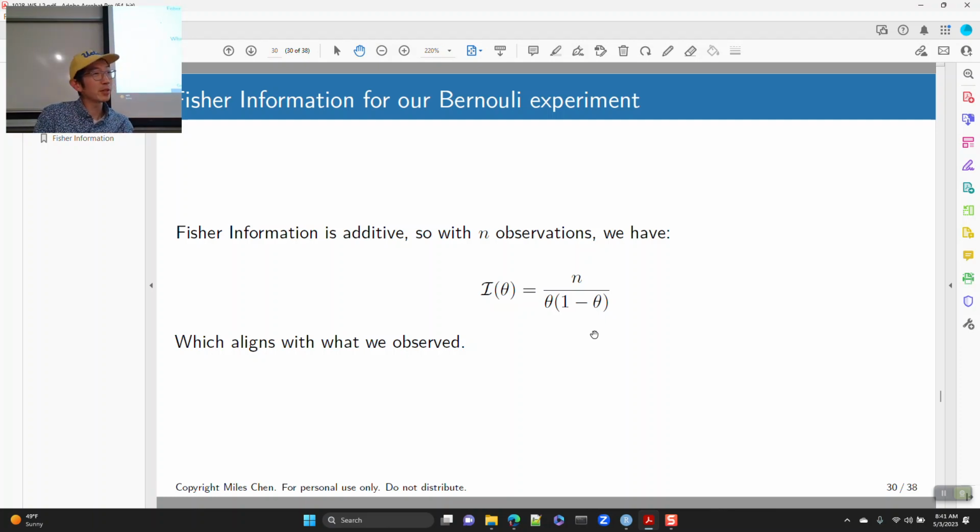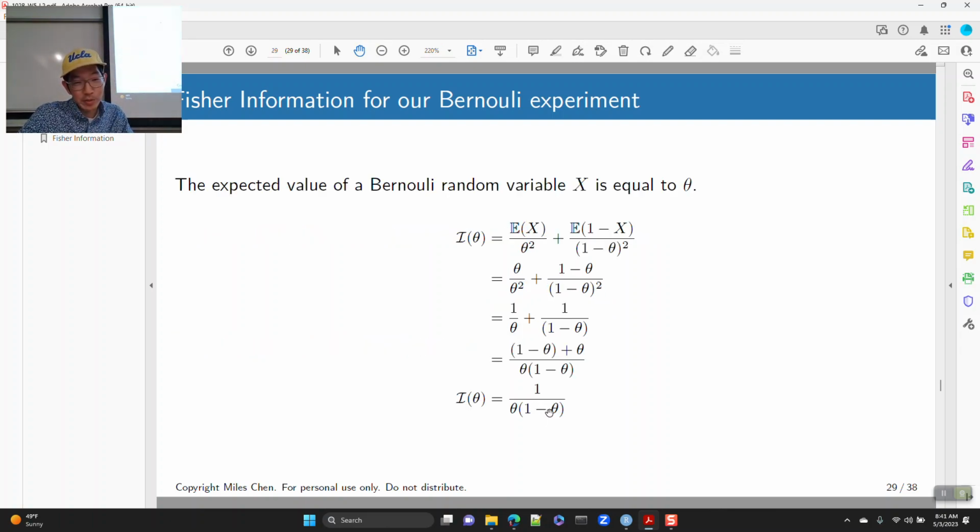So we had a certain amount of information with 10 observations, and we had 100 times that when we had 100 times as many observations. So when we had 1,000 observations, it was 100 times that, or basically for one observation we had 1 over theta times 1 minus theta.